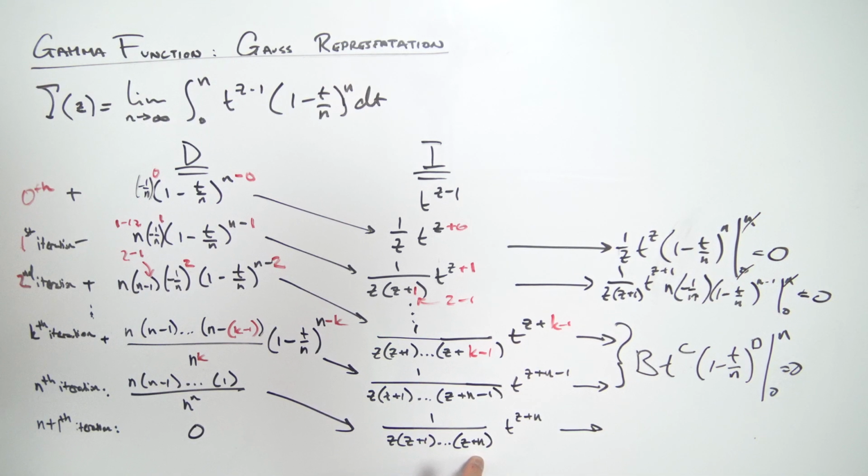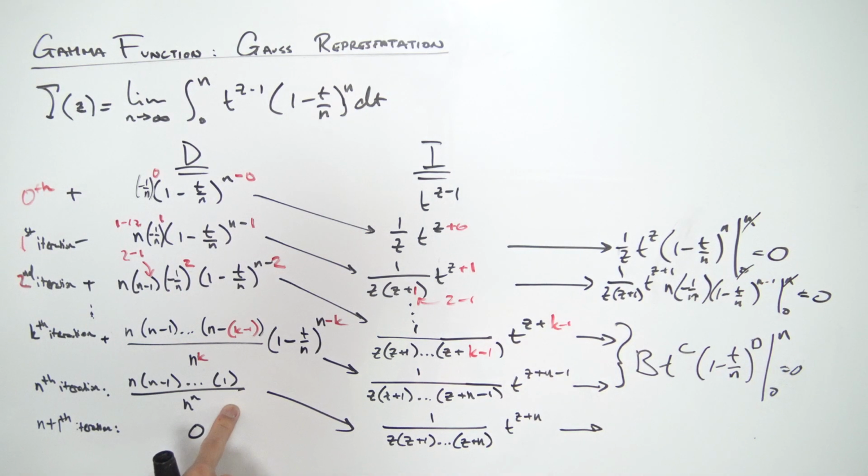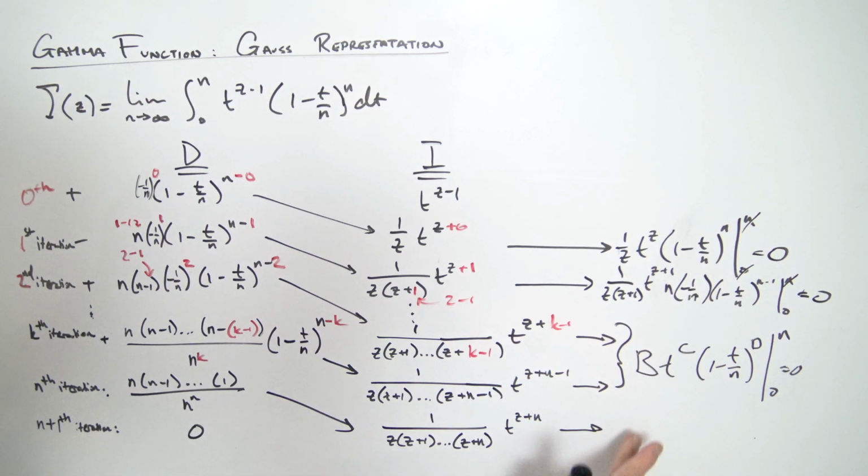And the reason why we don't get 0 here is because this thing is just a constant, so that we don't get this extra factor of 1 minus t over n. So in fact, something special does happen there, and let's see what happens. Well, if we multiply both of these together, this is going to be a little bit messy.